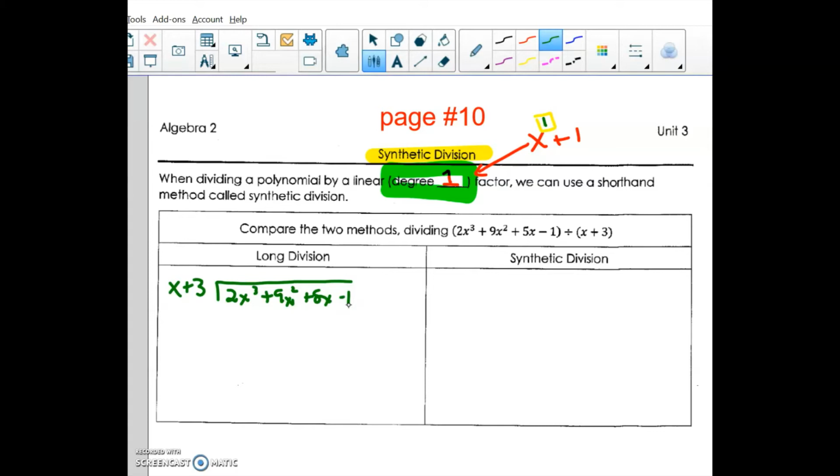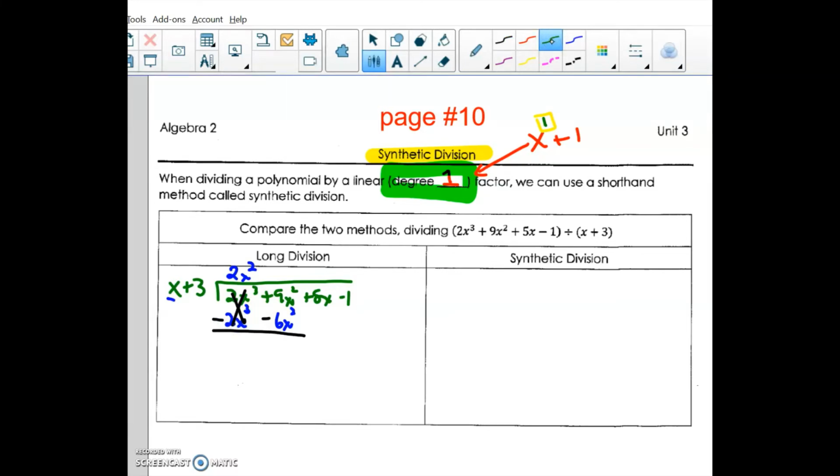How many times is x going to 2x cubed? Well, that would be 2x squared times. We're going to multiply. 2x squared times x is 2x cubed. 2x squared times 3 is 6x squared. Draw your line, change your signs, these cancel.